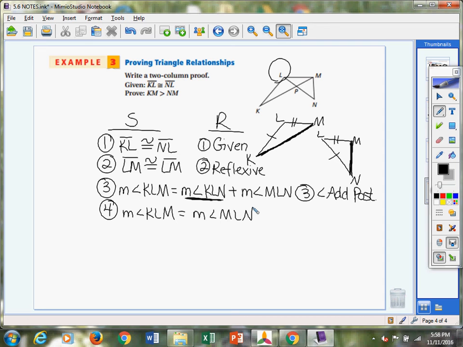Automatically, because you're adding something. And I did that wrong. I should have put an inequality here, greater than. We know that the measure of angle KLM has to be bigger than MLN, because we know together MLN and KLN form the bigger angle KLM.